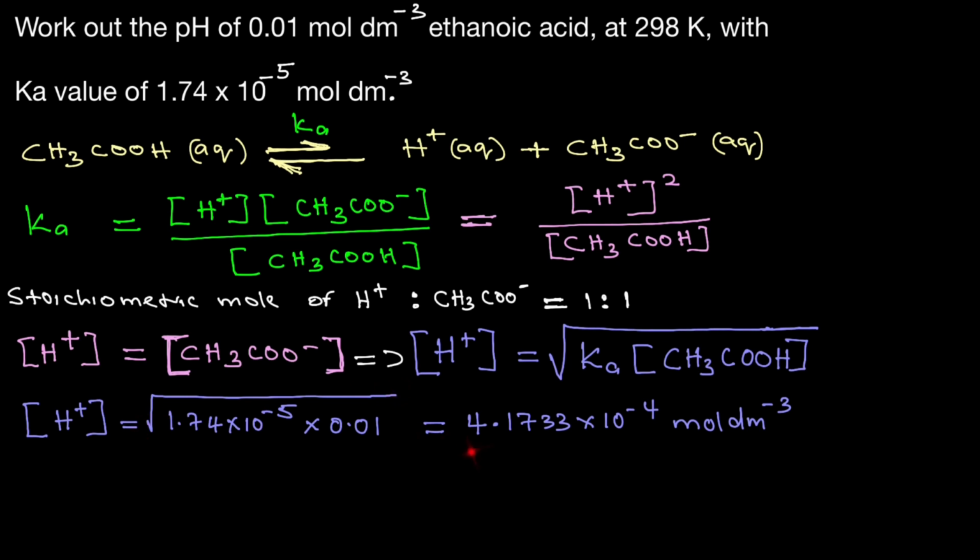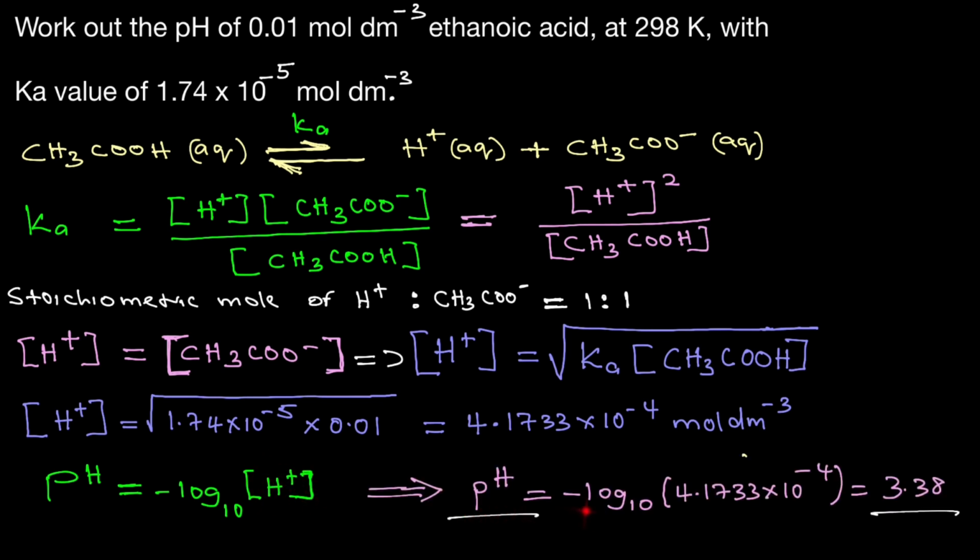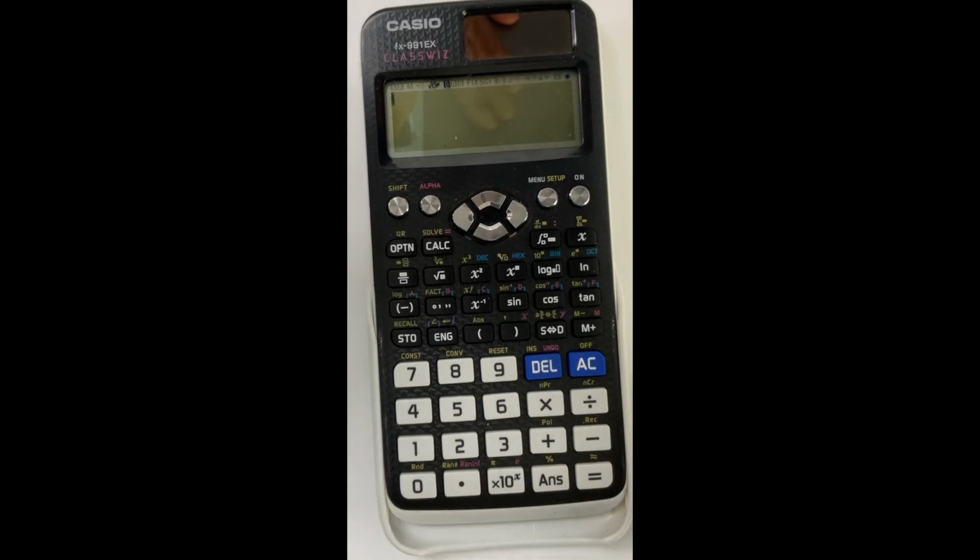When you root it, it gives 4.1733 times 10 to the power minus 4 mole per decimeter cubed. pH equals minus log base 10 times the concentration of H plus. The pH then equals minus log base 10 times 4.1733 times 10 to the power minus 4.